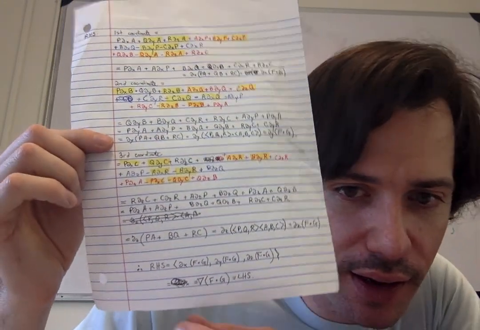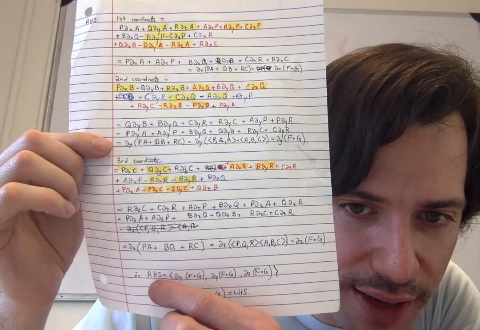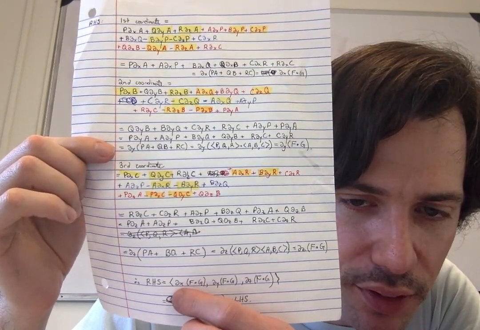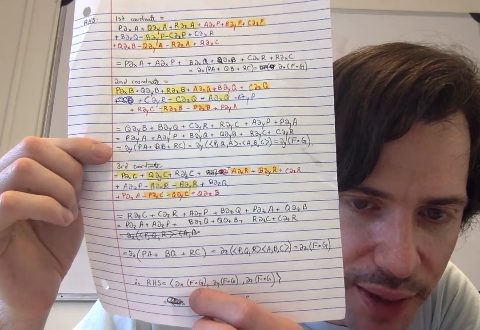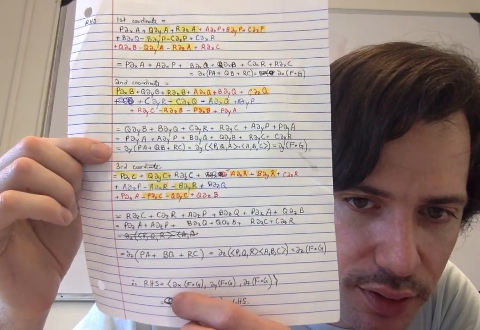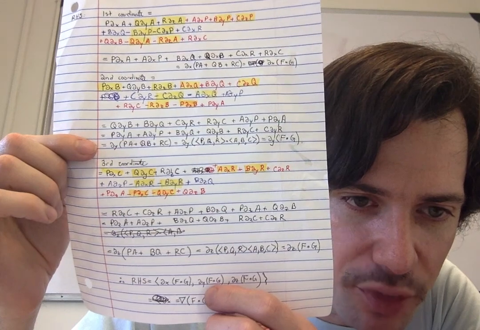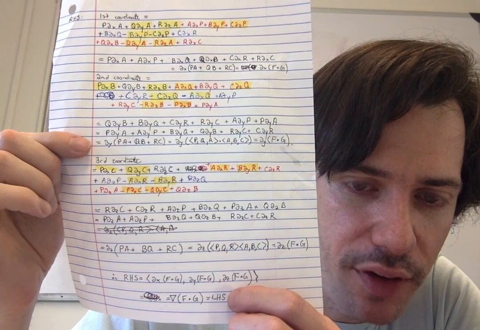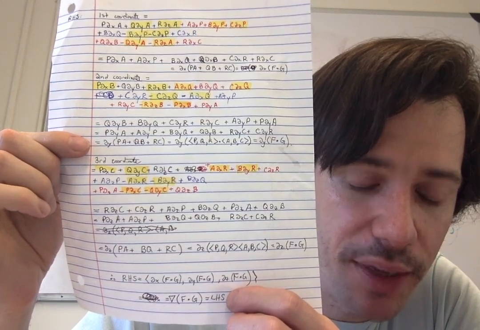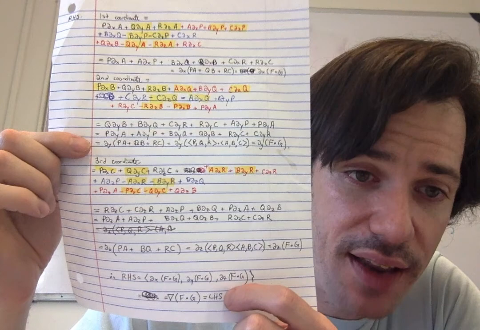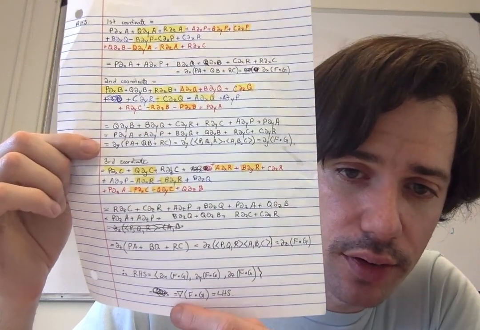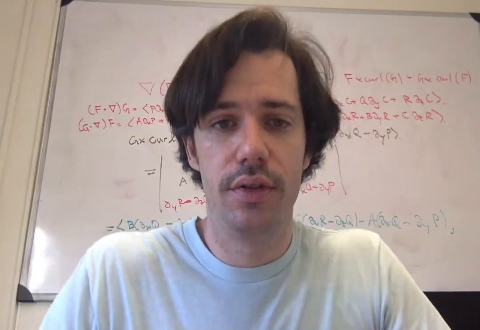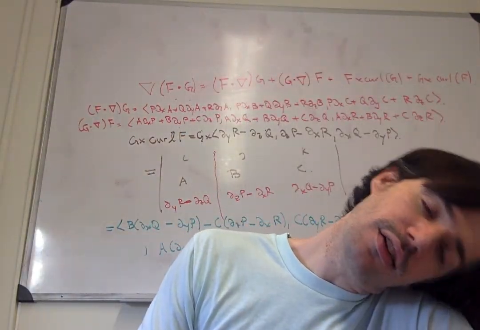And that tells us the right-hand side is equal to the derivative of F times G with respect to x in the first coordinate, with respect to y in the second coordinate, and with respect to z in the final coordinate. But that is just the gradient of F times G. And that proves the result right there.